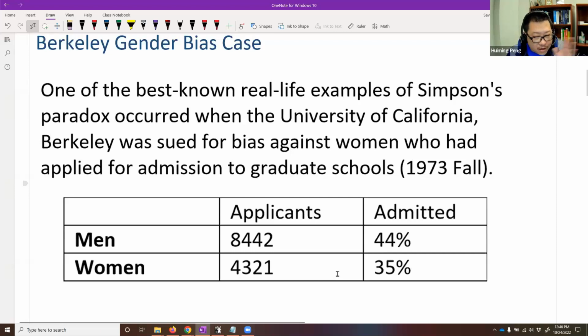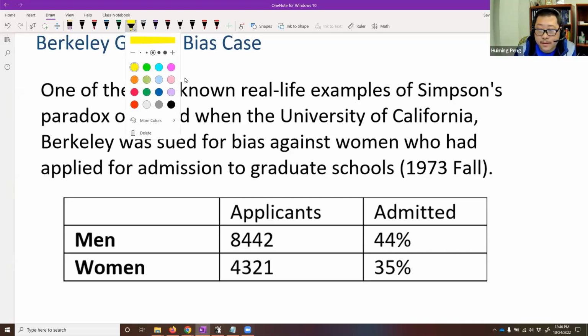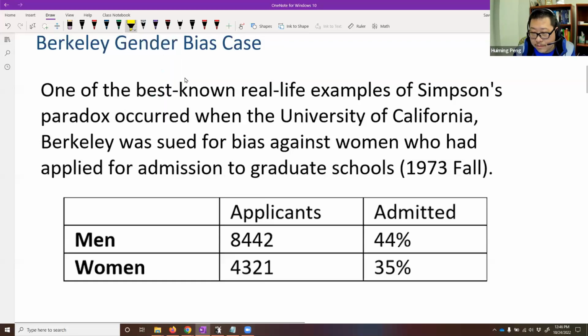So we don't look at the real number of students successfully admitted to the school, but only at the percentage. Look at 44% and 35%. If we only look at these two numbers, what kind of conclusion can we make?